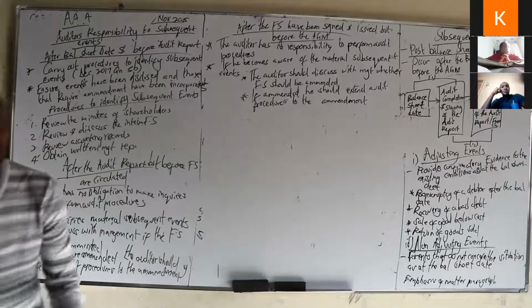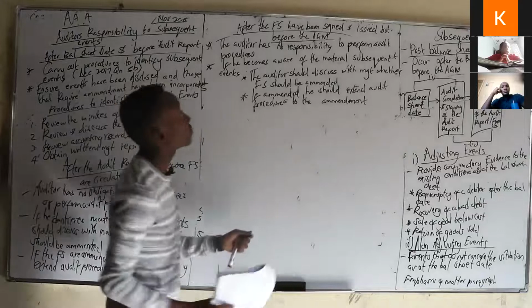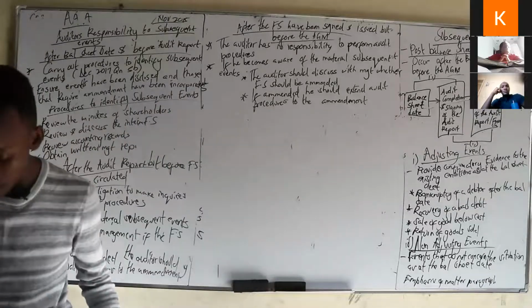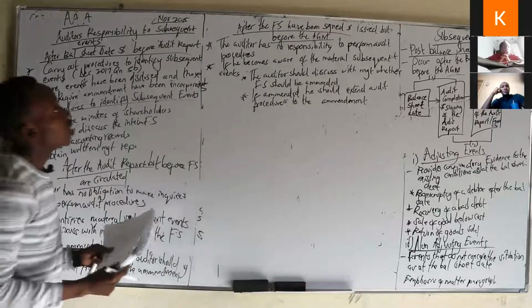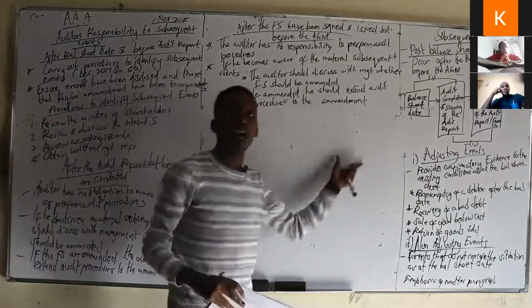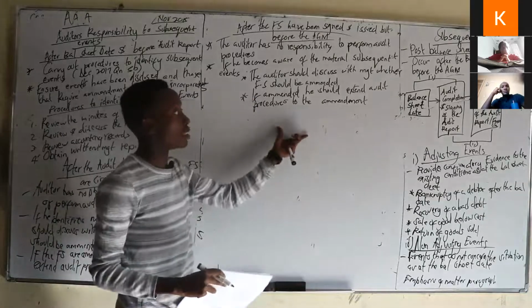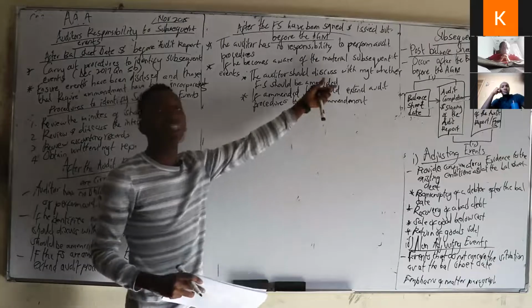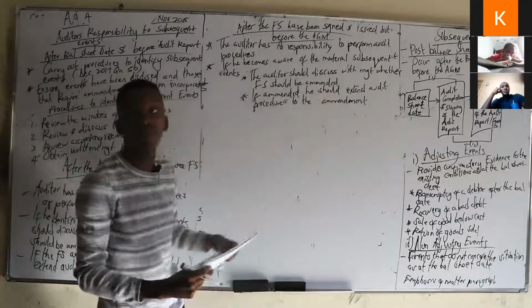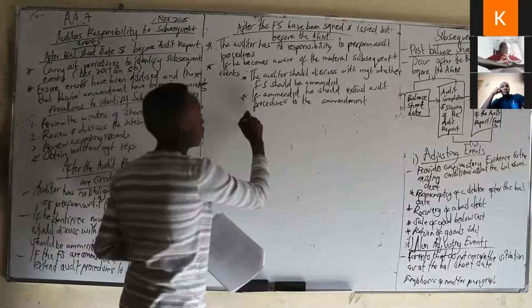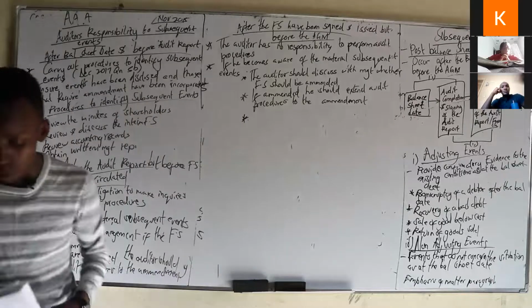And then also, because these financial statements have been issued, it means that people have the prior financial statements. So if we make any necessary changes, we have to notify everyone who received the prior financial statements. So that is also another thing that he would look into.